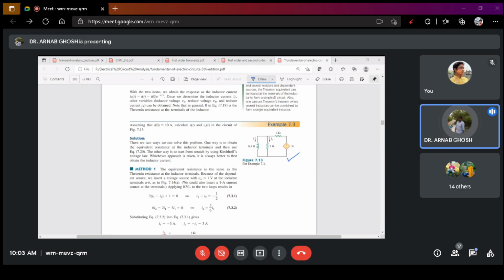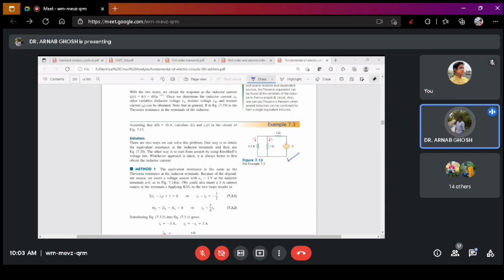Okay, so we have just discussed the source free RL circuit, which is like the source free RC circuit. In the RL circuit, the inductor stores energy in the form of current, so this current will go on decreasing with respect to time.